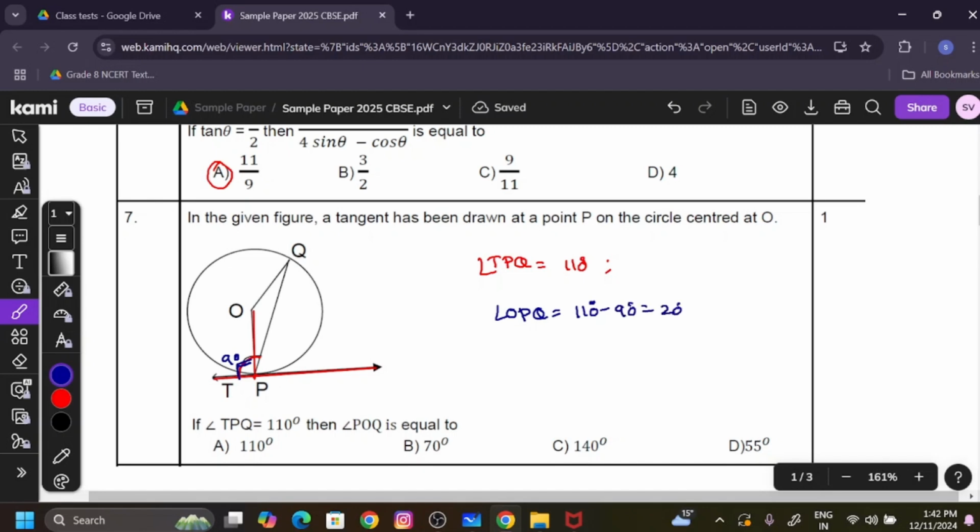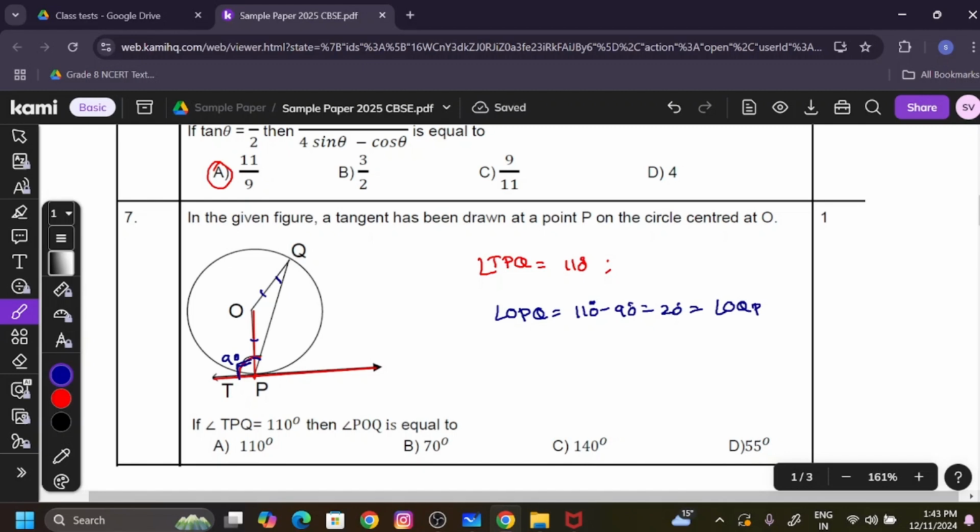In triangle POQ, OP and OQ are both radii of the same circle, so they are equal. So this is an isosceles triangle, and angles opposite equal sides are equal. So angle OPQ is equal to angle OQP, since in an isosceles triangle base angles are equal.